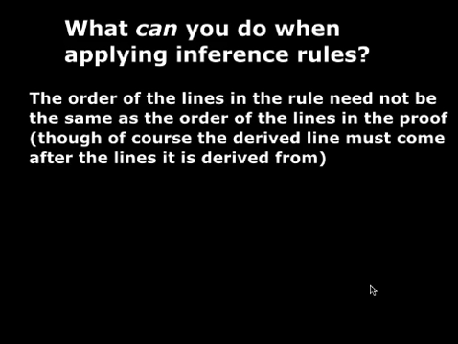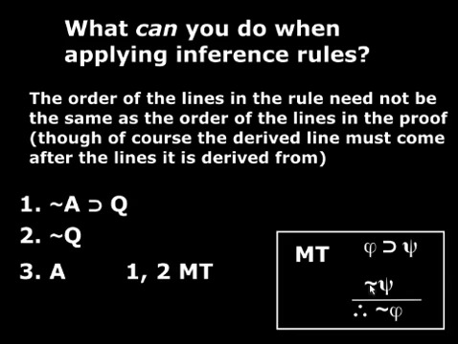But the lines you're applying the rule to don't have to be in the same order as they show up in the schematic version of the rule. What does that mean? Well, here's an example of modus tollens again. As you can see in the schematic version of the rule, the conditional shows up above the negated consequent, which is in fact right here.